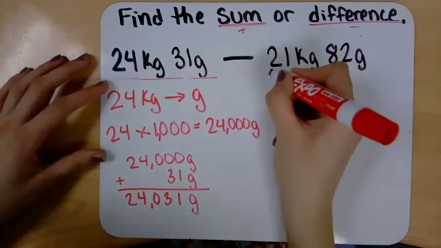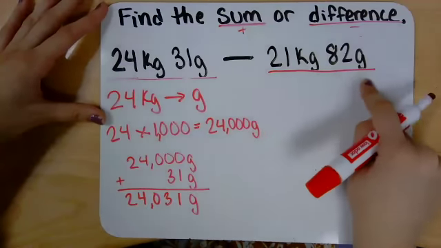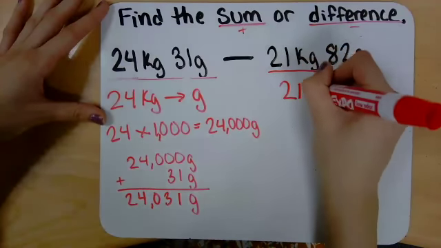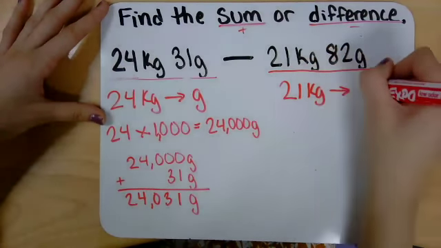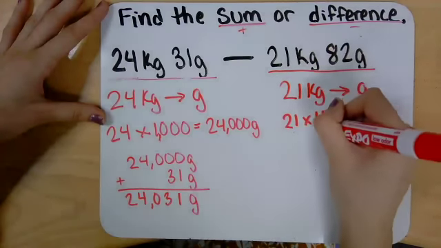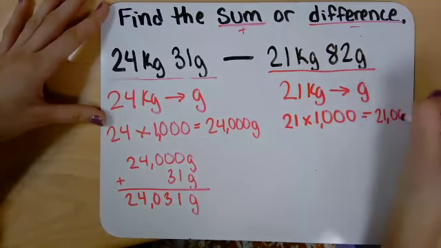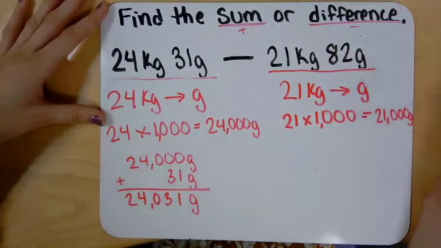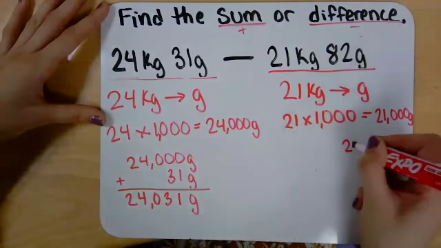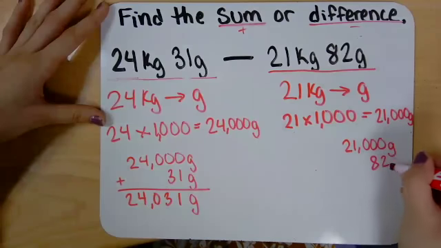Now let's work on this side. So we have 21 kilograms, 82 grams. Let's turn it all into grams. So first, to turn 21 kilograms into grams, we need to multiply 21 by 1,000. Okay, and we get 21,000 grams. Okay, now don't forget our 82 grams. So let's put those together. 21,000 grams and 82 grams.